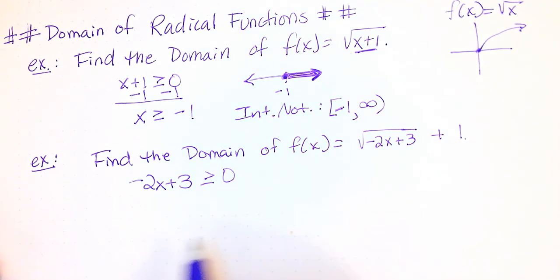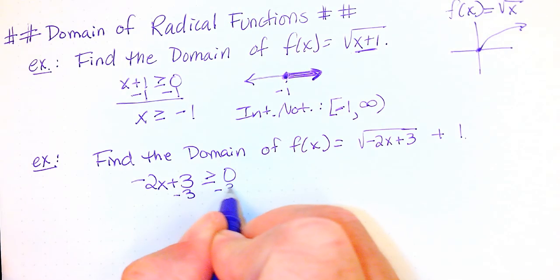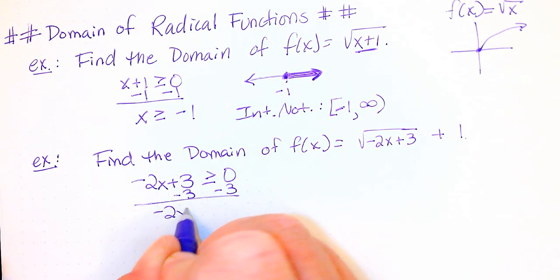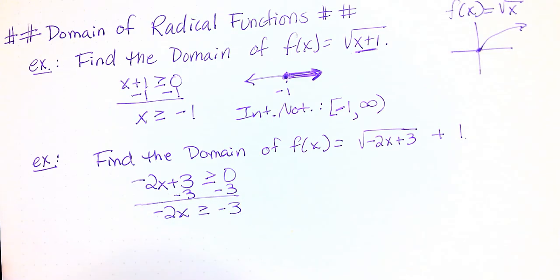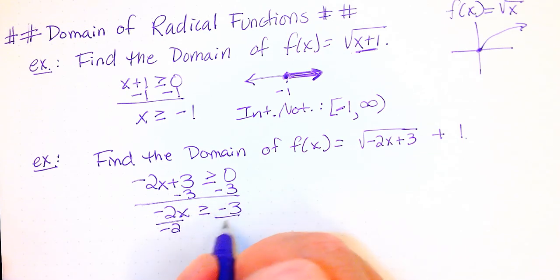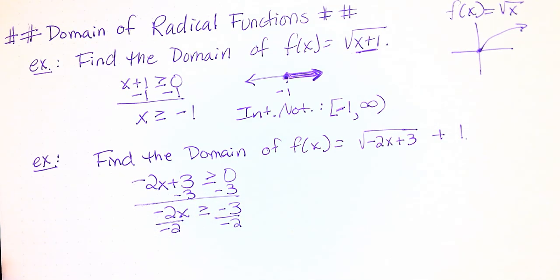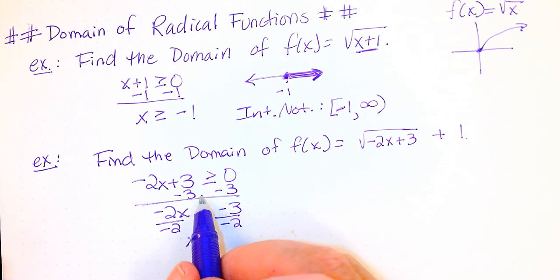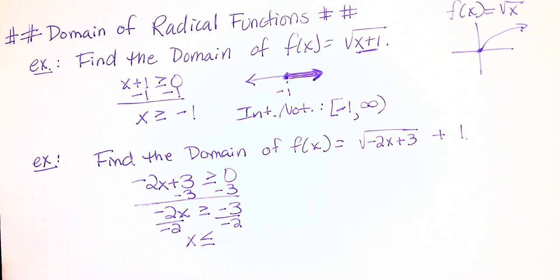We've got -2x plus 3, the radicand, and we're going to set that greater than or equal to 0. So what's under the radical, we set greater than or equal to 0. Now let's solve. So subtract 3. -2x is greater than or equal to -3. And then we're going to divide by a negative. So we must remember those inequality rules. If we divide by a negative, the number in front of the x, or the coefficient, you have to flip the inequality sign. So instead of greater than here, we need this to be less than or equal to.